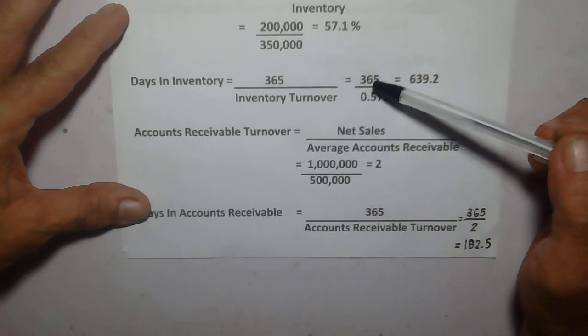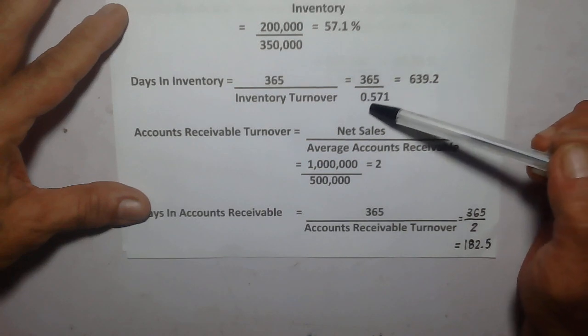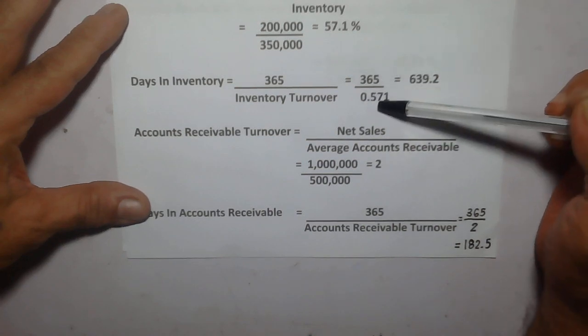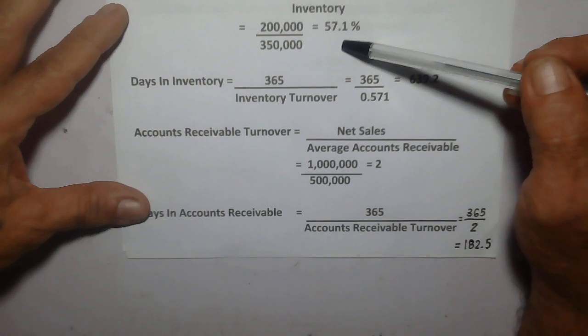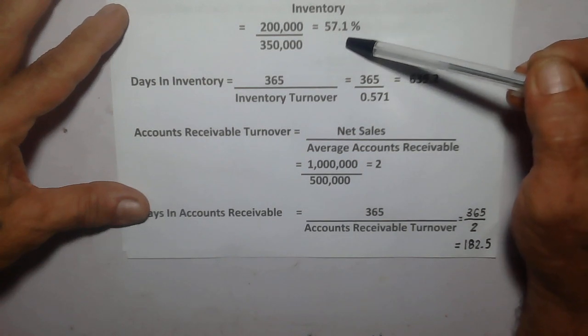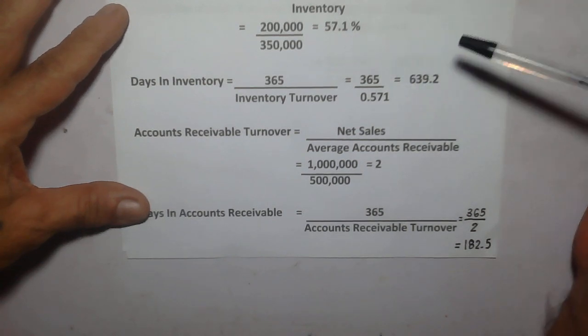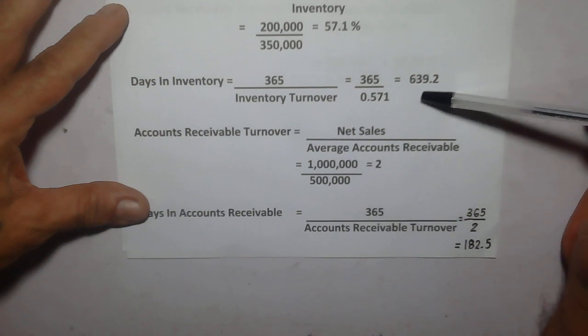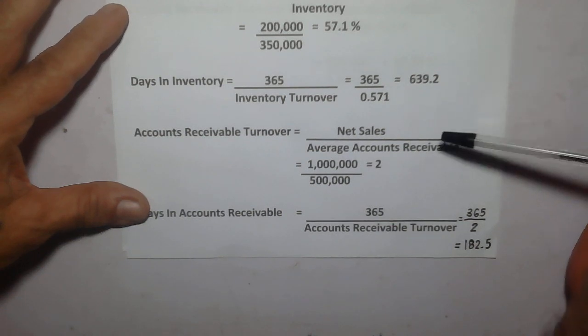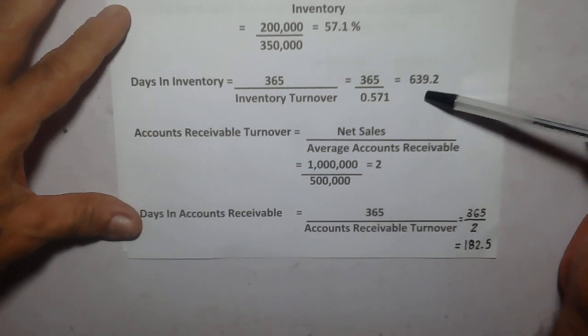So this is equivalent to 365 divided by 0.571. 0.571 is the decimal equivalent of the rate, which is 57.1%. So here we get a value of 639.2, and that is the number of days.